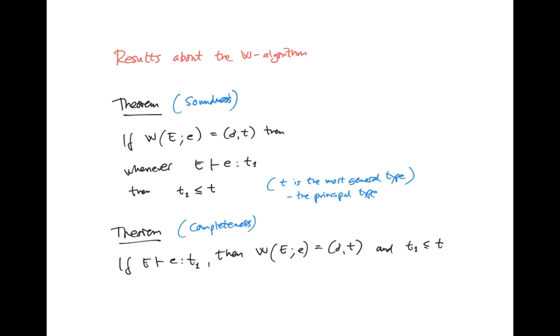So the very, very nice result about the W algorithm is that it accurately captures the parametric polymorphism that we have in Haskell.